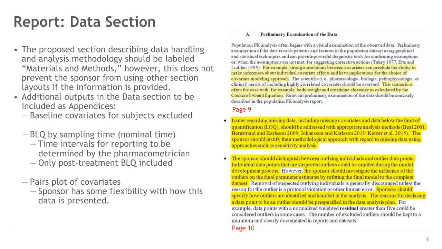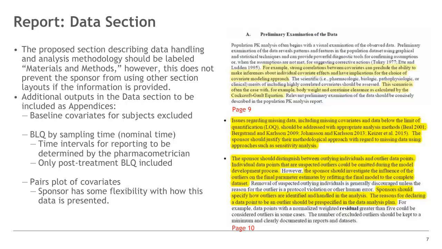So they spoke about the covariate correlations, and they spoke about issues related to missing data, including missing covariates and data below the lower limit of quantification. They should be addressed with appropriate analysis methods. And they wanted to see some transparency on how we are doing that exclusion, and needed a summary of that.